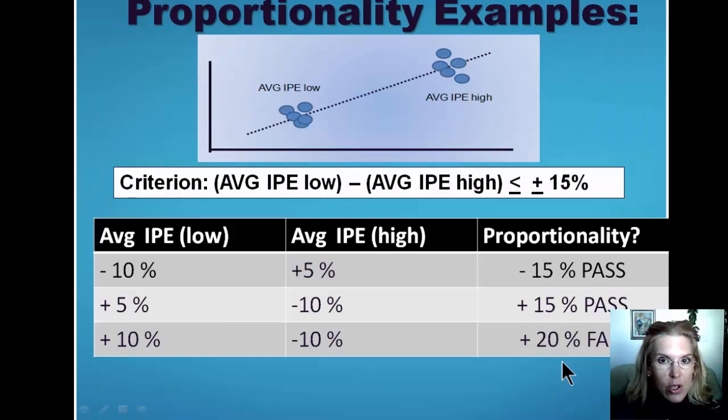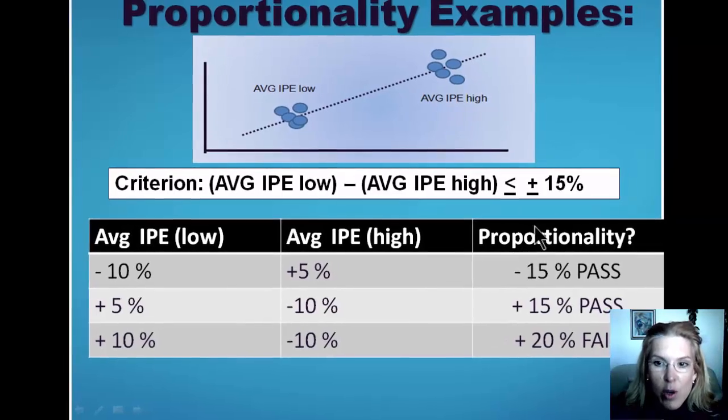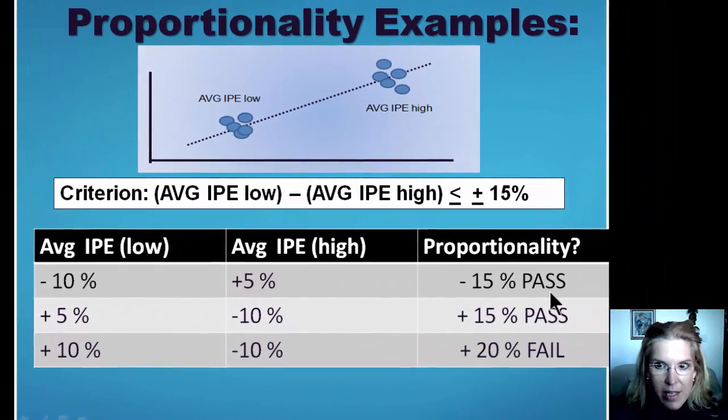And what that looks at is how far this line can tilt and be off high or low. So looking at various possibilities, if you've got an average individual percent error low of minus 10% and an average individual percent error high of plus 5%, it would pass the proportionality criterion.